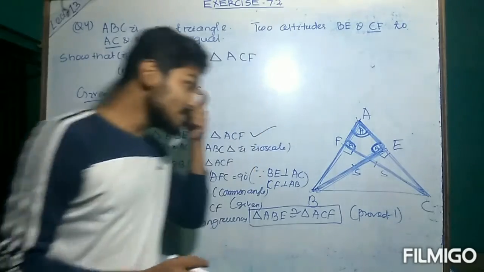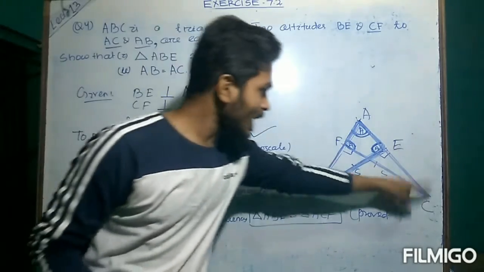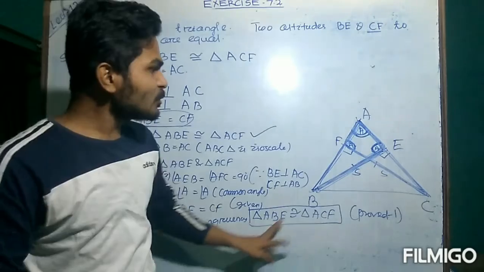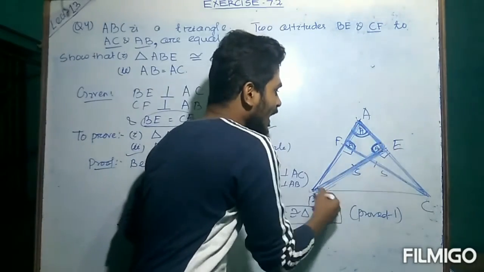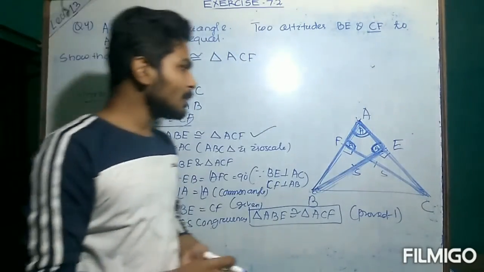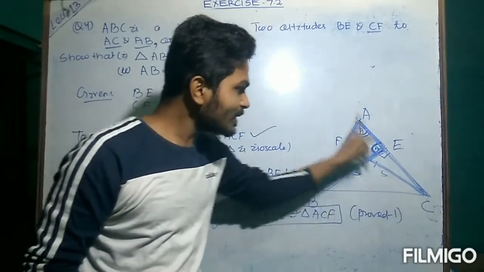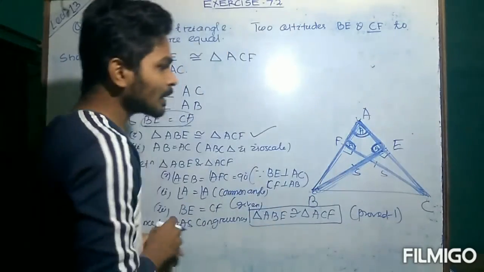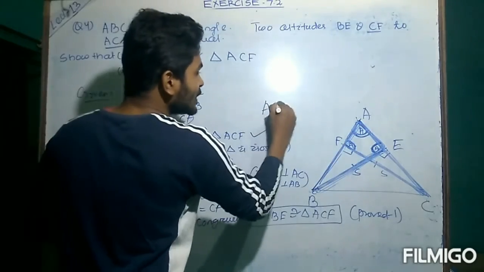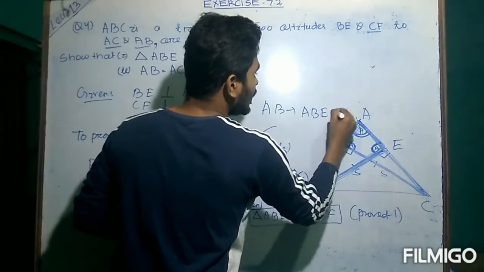Now for the second statement, we need to prove AB is equal to AC. How can you prove it? See, as we have found that this small triangle is congruent to this small triangle. Now as per the exam 7.2, if any two triangles are congruent, then their corresponding sides must be equal. And AB is the corresponding side of which triangle? ABE triangle.